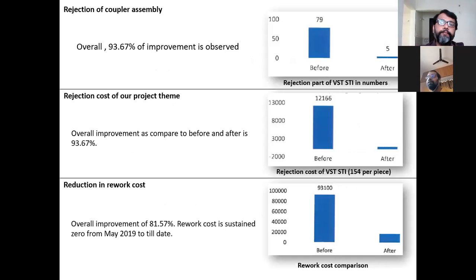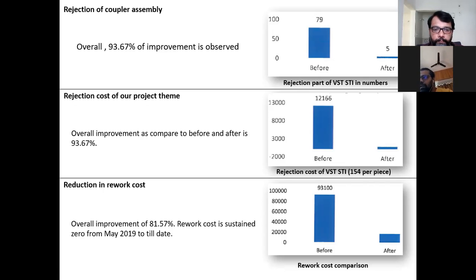Through that, by solving those problems, what we have achieved overall is a 93.67% improvement from earlier to after our project. Rejection cost improved 93.67%. We achieved around 12,000 down to, sorry, not zero, around some 776 rupees.